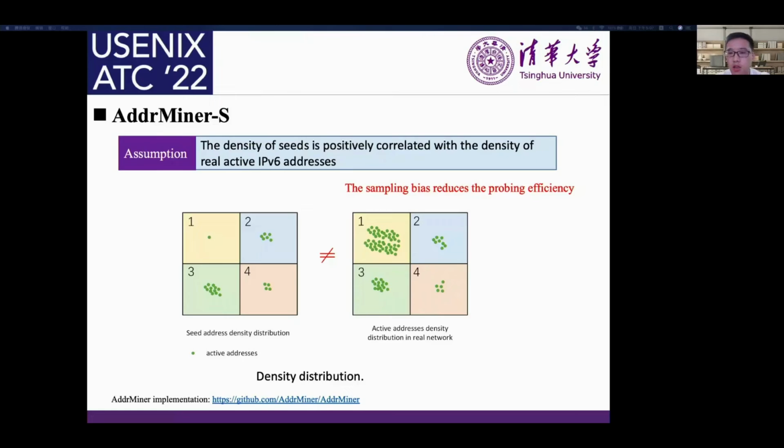However, sampling bias in the seed addresses results in a difference in the density distribution between the seed addresses and the true active addresses. The sampling bias reduces the probing efficiency. We use AddrMiner-S to eliminate sampling bias.